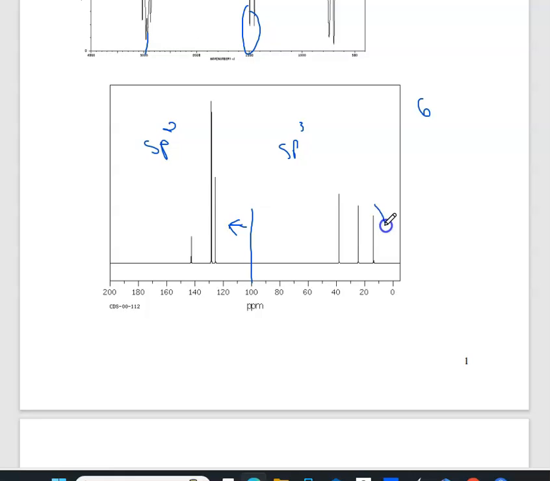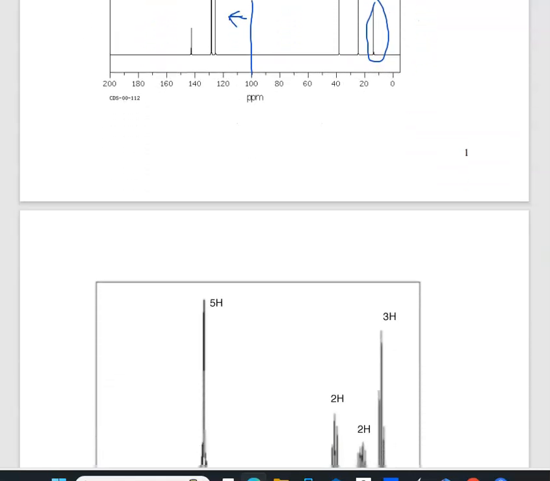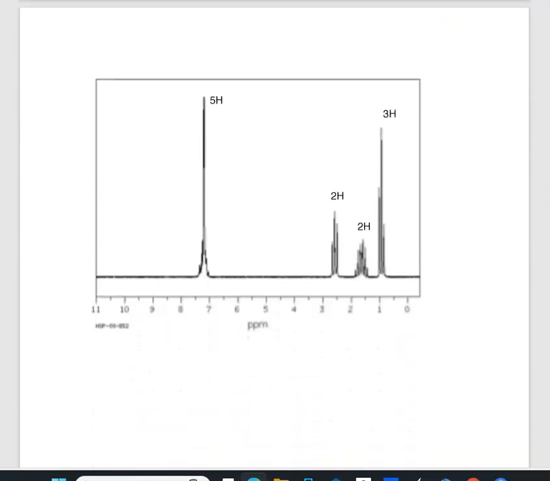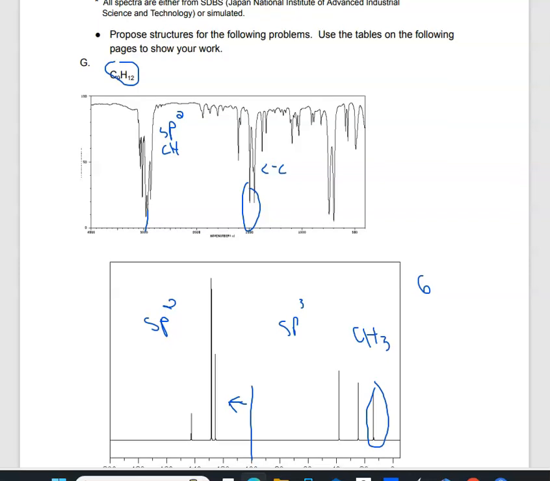And the signal down here, because of where it is, it's under 20, we're looking at a CH3. So then let me go back and do the tables for these.